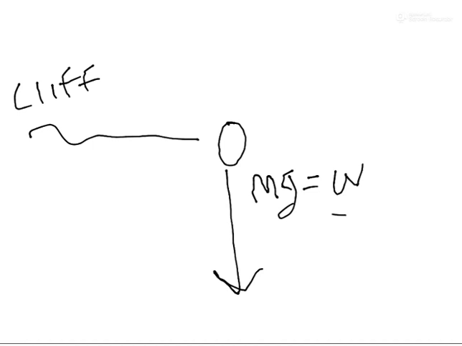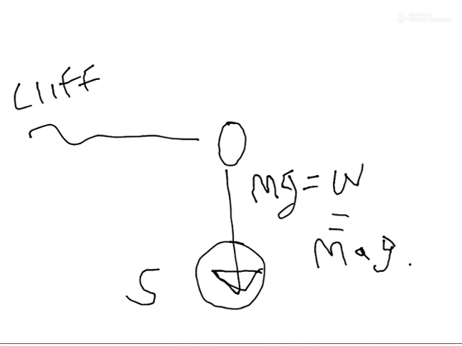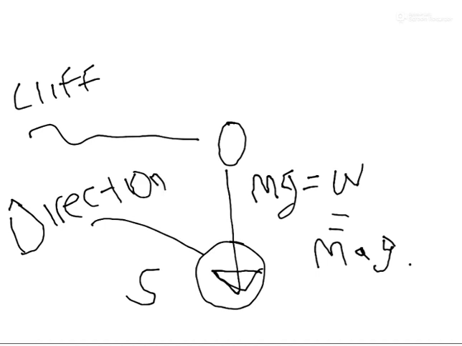And this represents the magnitude component. And just for argument's sake, say that the rock is heading southward, because it's falling down. This would be represented as the direction, because we're talking about the specific direction that the rock is going based on the force.